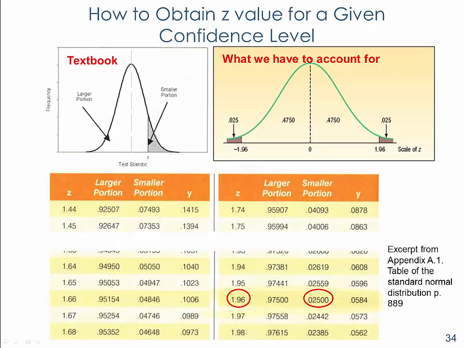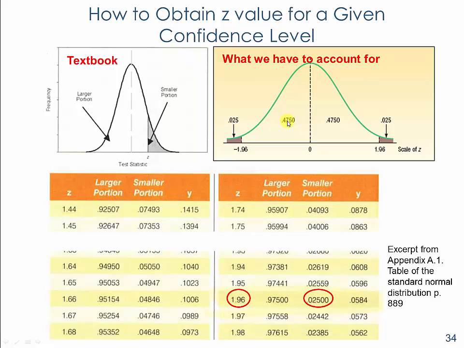If you're looking at the 4th edition of the Andy Field book, you can look at page 890. The table that starts on page 887 accounts for only one tail, the left part of the distribution. The 95% confidence interval refers to the middle 95% of the observations, so the remaining 5% is equally divided between the two tails, the right distribution that we have up here.